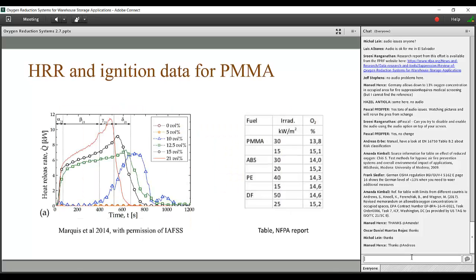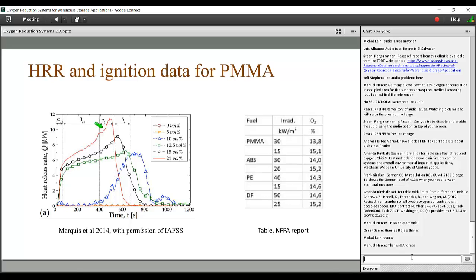Let's look at some data, and we traditionally take PMMA as a reference, and I showed the data also in the table previously. In this graph, you can see the red one, which is now indicated by the green arrow. This is the traditional, let us say, cone calorimeter test for a PMMA sample.